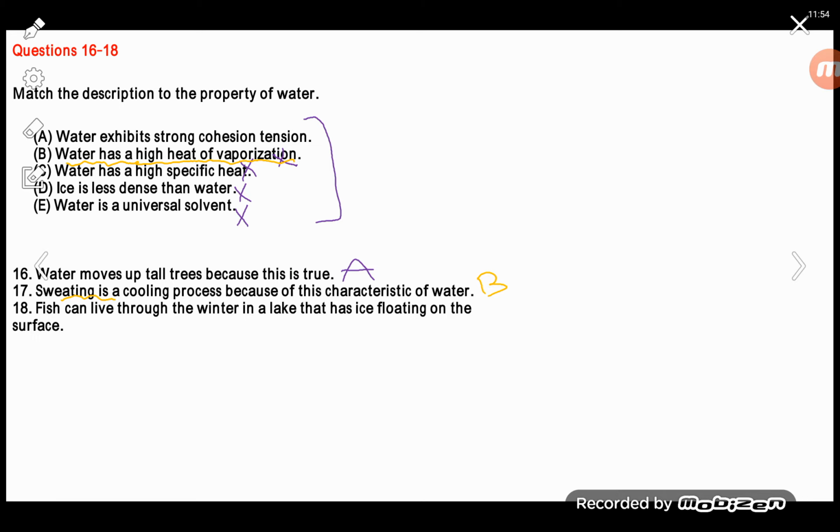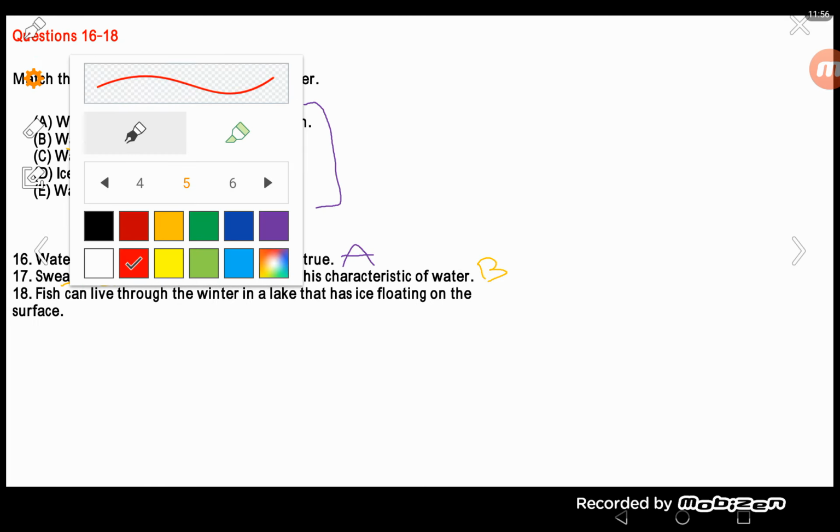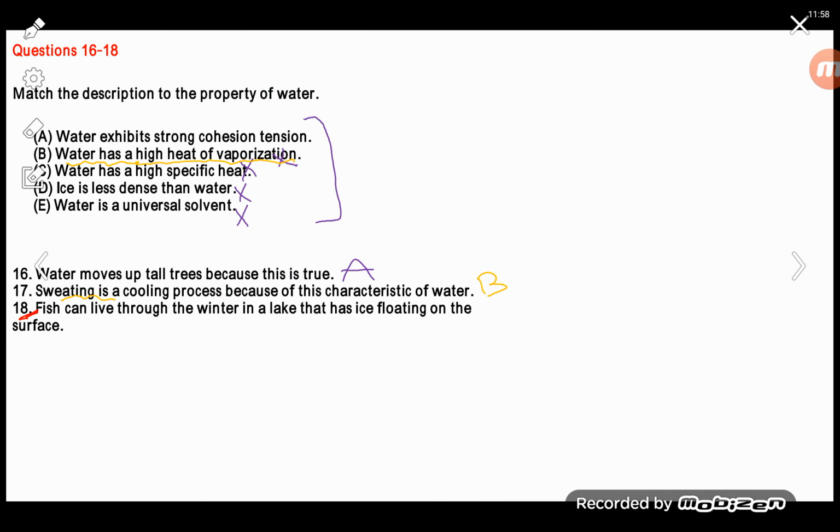In question number 18, it says fish can live through the winter in a lake that has ice floating on the surface. So how can fish live during the winter season, guys, when the ice is floating? Because you know this is related to D. Ice is less dense than water.